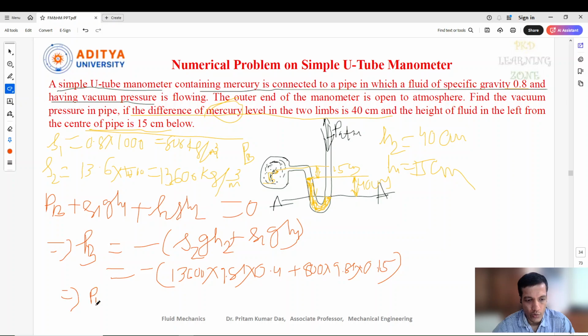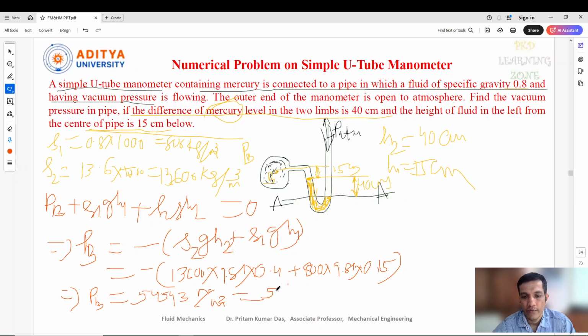PB equal to, we'll get the value near about 54,000, about 543, 54,000 Newton per meter square, and this we can convert into centimeter square.